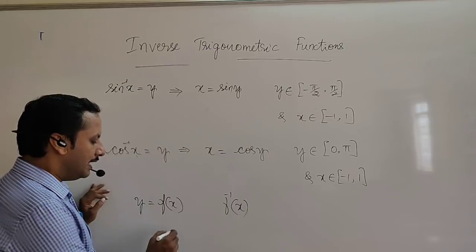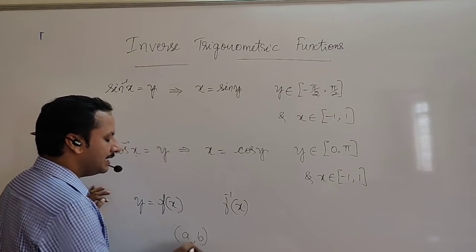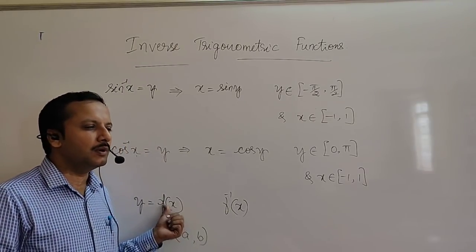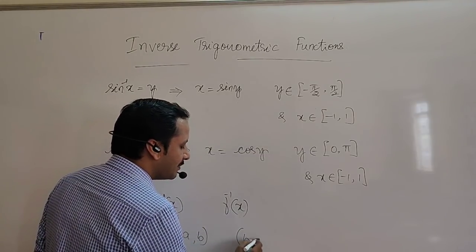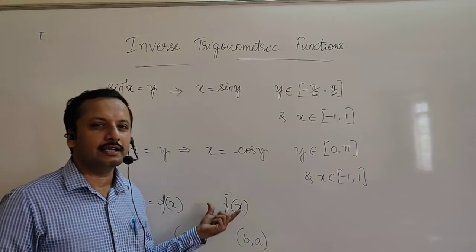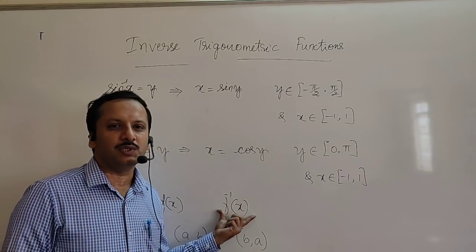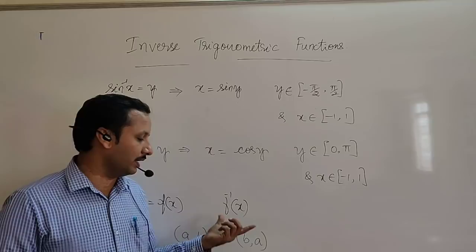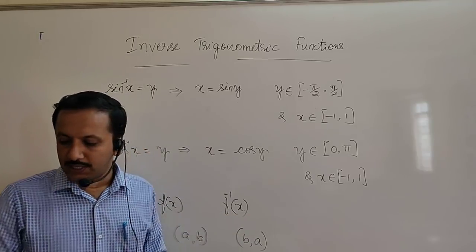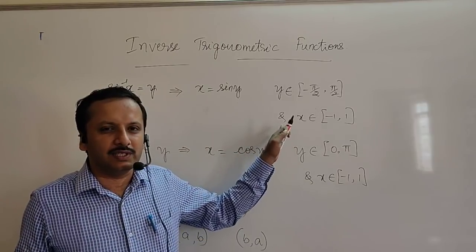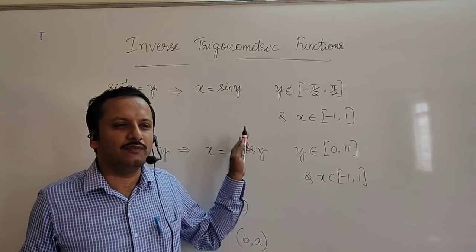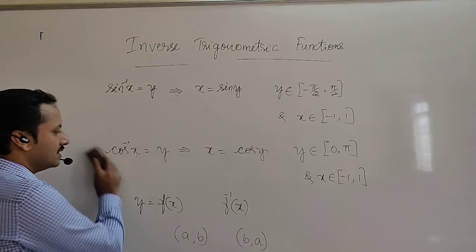In other words, if a comma b is a point on the curve y is equal to f of x, then b comma a is a point on the curve f inverse of x. So on this, let us see the graph of sin x and sin inverse x, and similarly the graph of cos x and cos inverse x.